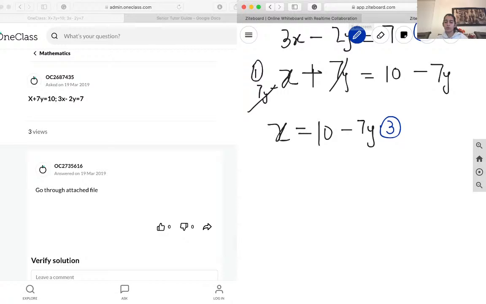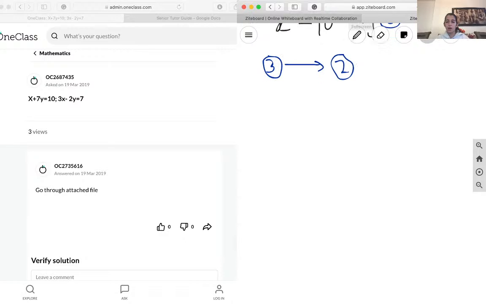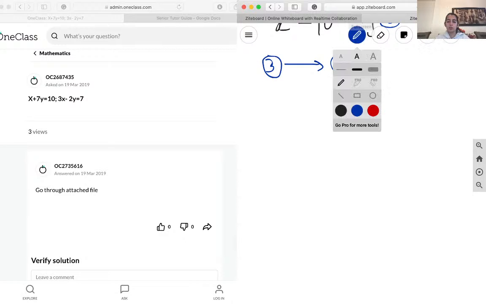And what I'm going to do is substitute our third equation into the second equation. So our second equation was 3x.